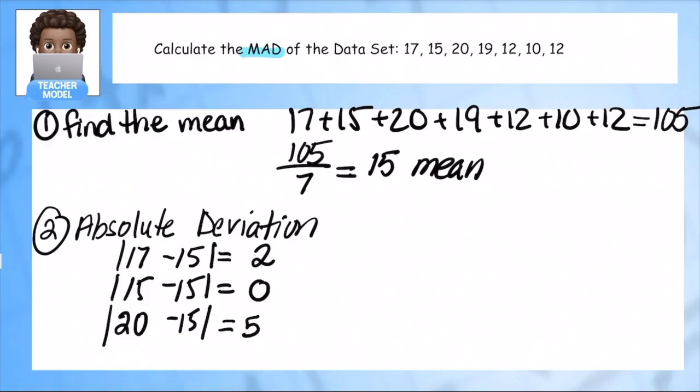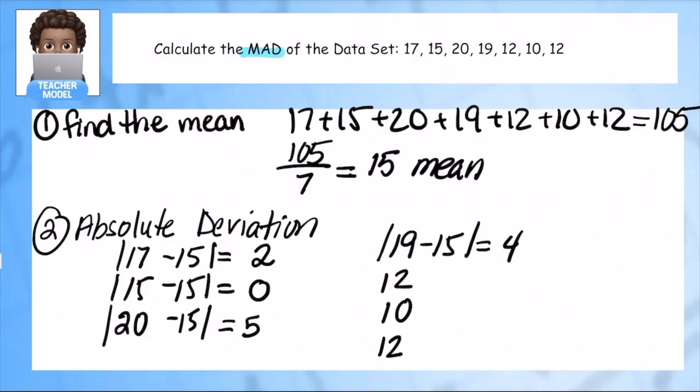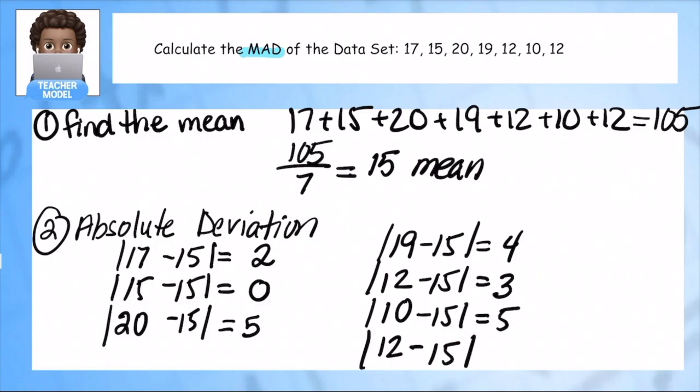And let me get the next set of numbers, 19, 12, 10, and 12. So each one I'm just subtracting our average. And notice that because these are absolute, I'm getting all positive numbers.